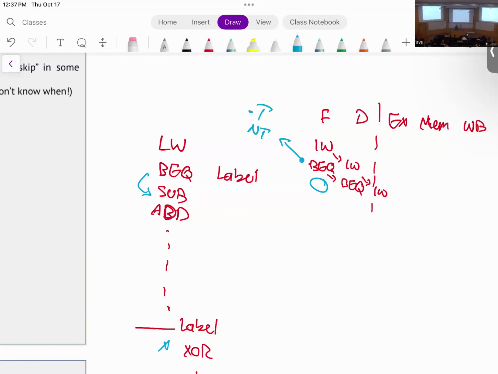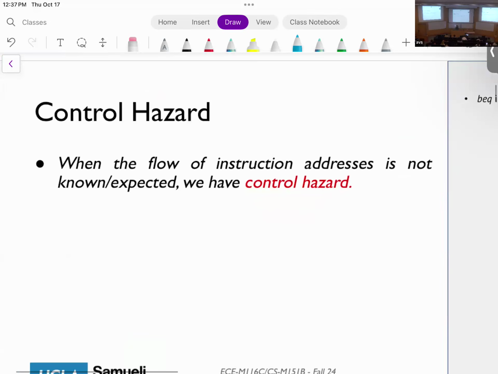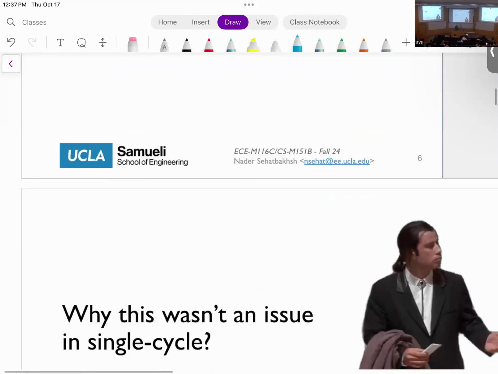If it's taken, I need to fetch the XOR instruction. If it's not taken, I need to fetch the sub instruction. So I'm going to have this problem that we refer to as control flow hazard. When I don't know what my next instruction is, when the flow of instructions is not known, we're potentially going to have a problem in our pipeline. Okay? So we need to fix it.